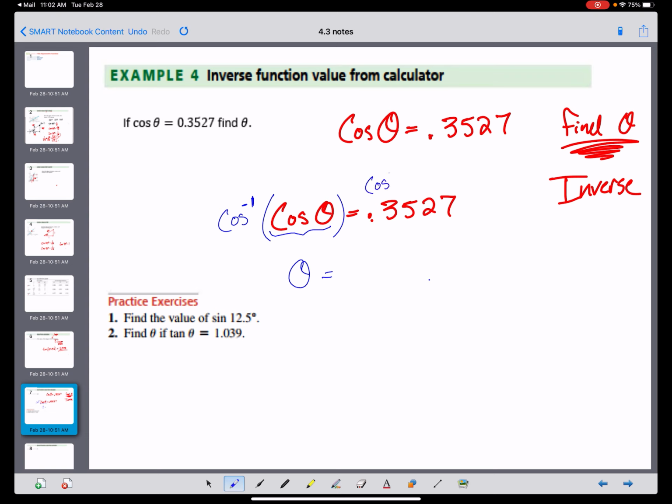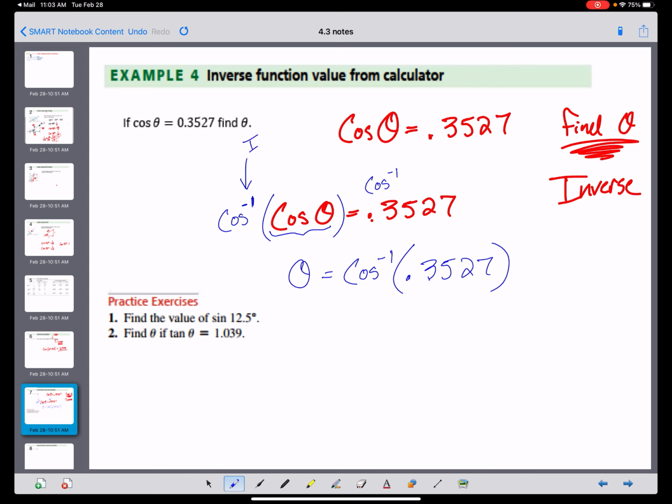So the inverse cosine of this side gives you cosine inverse of 0.3527. You just put that in your calculator. The inverse is if you hit second first and then you hit cosine. So you hit the second button, the blue button, if you got a TI-84. All right, second, and then cosine, and you should see that little 1 up there, which is not a negative exponent. It denotes inverse, right?